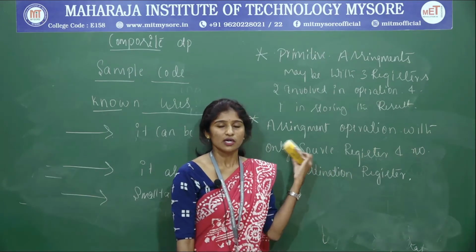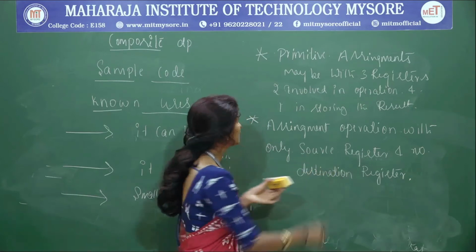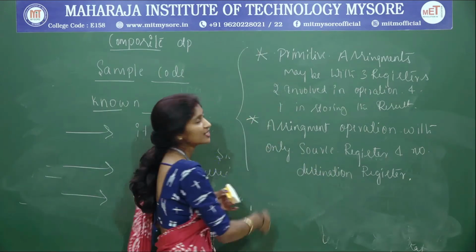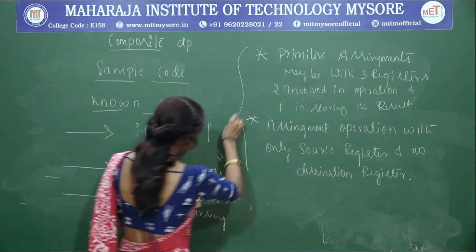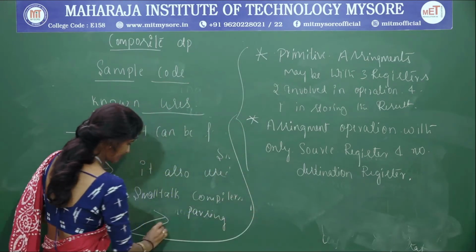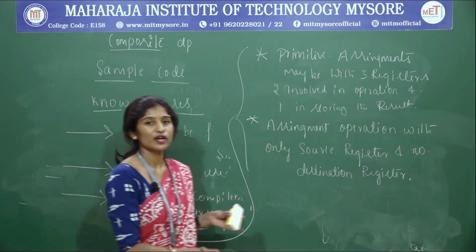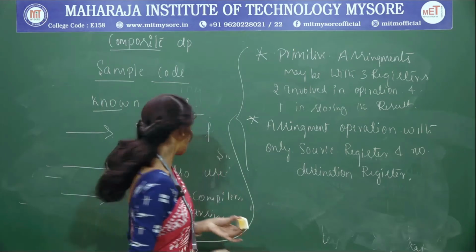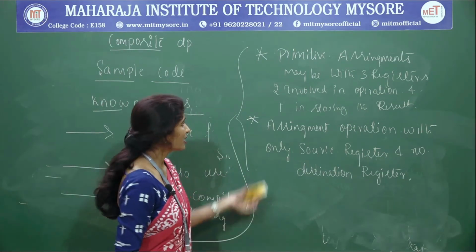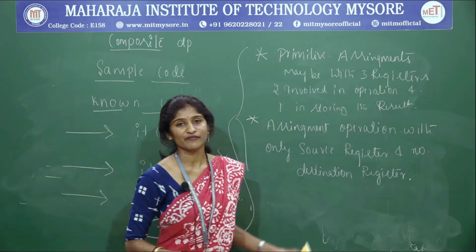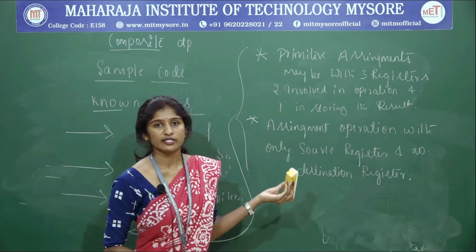You can make use of the composite design pattern here too, where there is only a source register and no destination register. All these points I am writing come in parsing itself. When you do parsing in Smalltalk compilers, these are a few of the statements where we can use the composite design pattern.